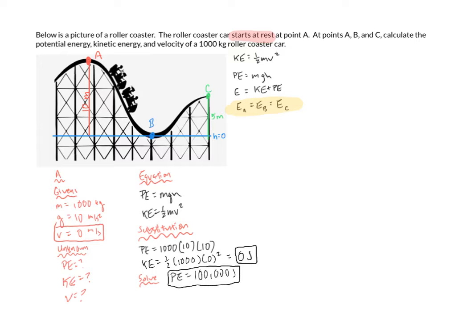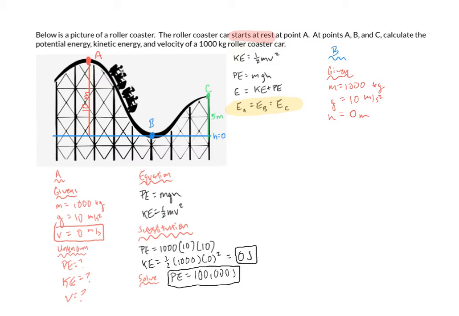So at point B, my givens are, again, the mass of the cart is 1,000 kilograms. G is 10 meters per second squared. My height here is 0 meters off the ground.